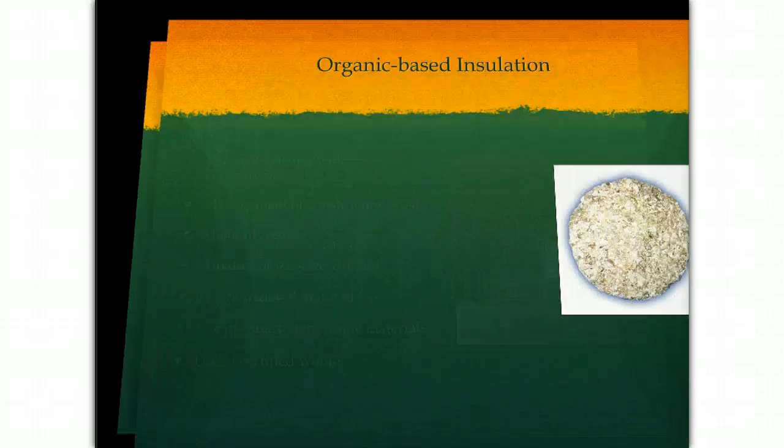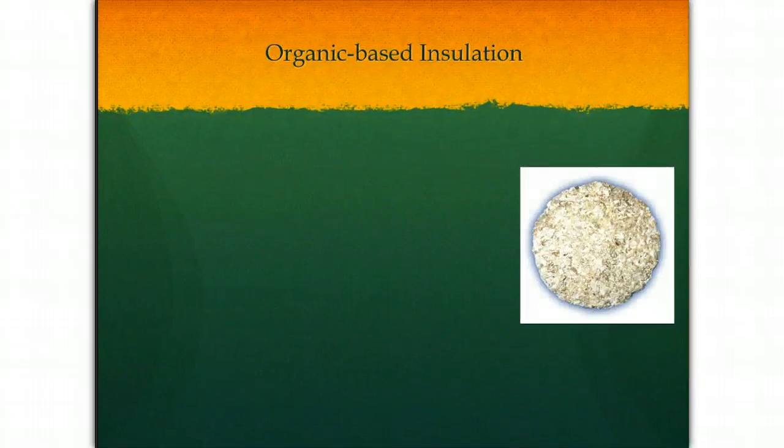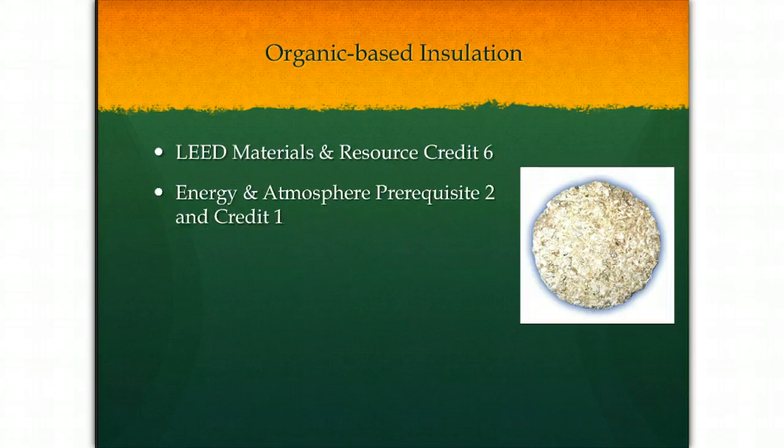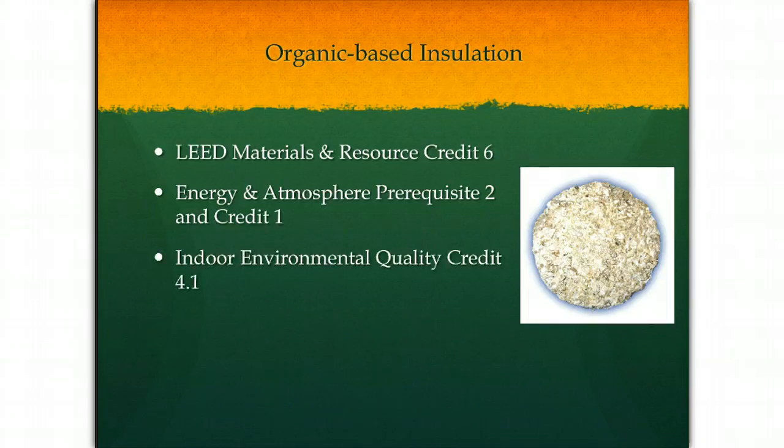New green materials can often meet requirements in several LEED credits. For example, organic-based insulation materials can satisfy LEED Material and Resource Credit 6 as a rapidly renewable material, Energy and Atmosphere Prerequisite 2, Credit 1 for Energy Performance, and Indoor Environmental Quality Credit 4.1 for low-emitting materials.